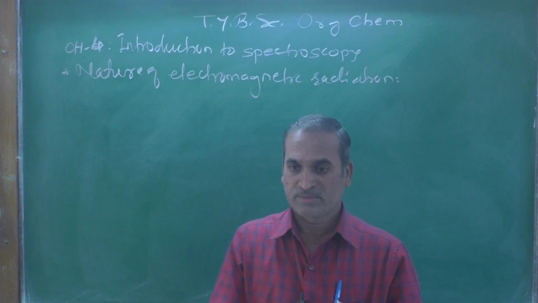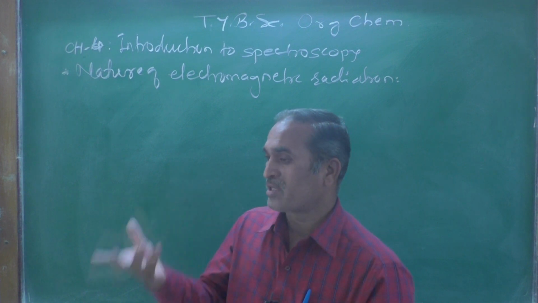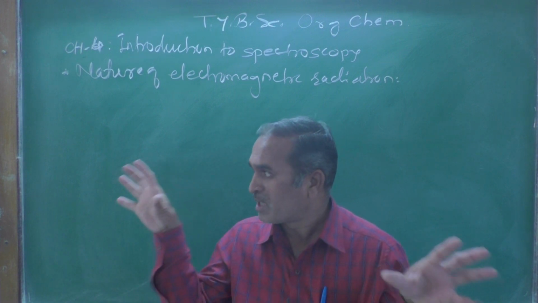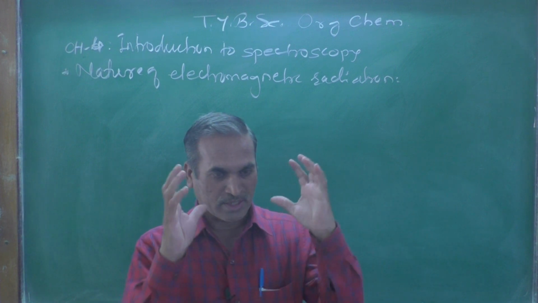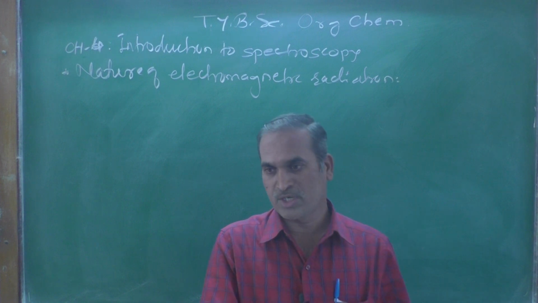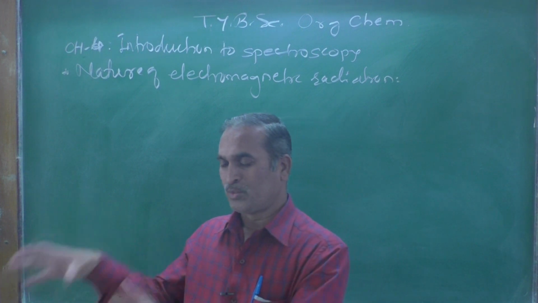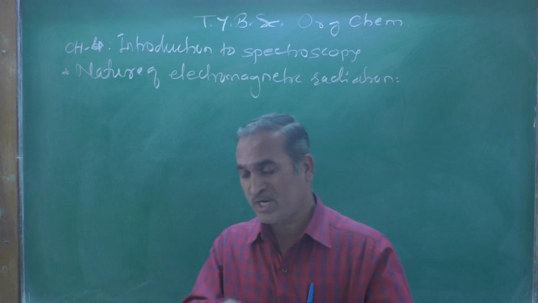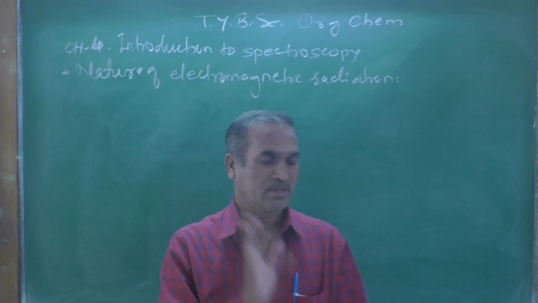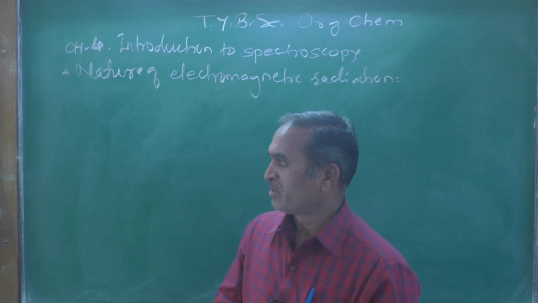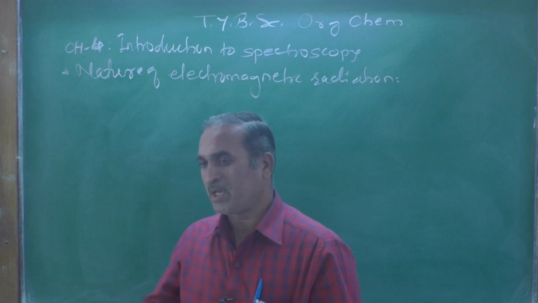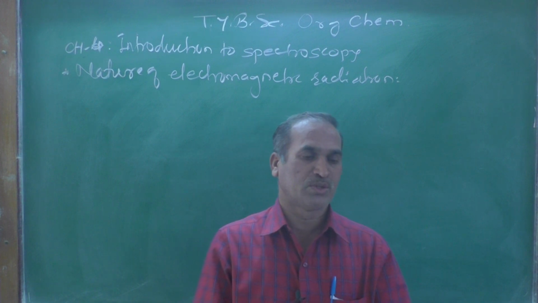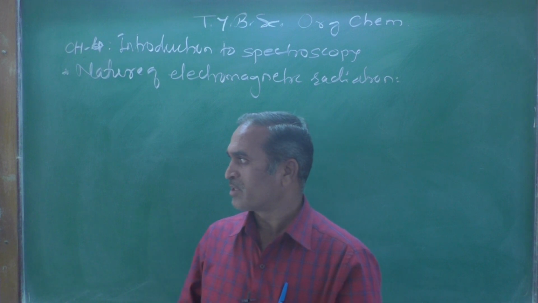So all these techniques are used to collect information regarding the structure, and at the end we finalize the structure of that organic compound by using all these modern techniques, and finally we confirm it by synthesizing that molecule from known starting compounds.